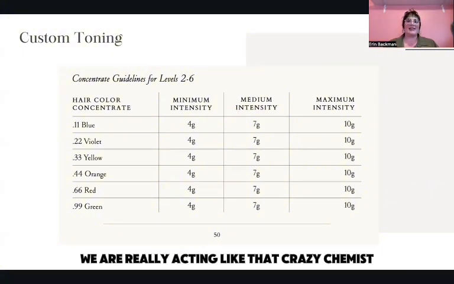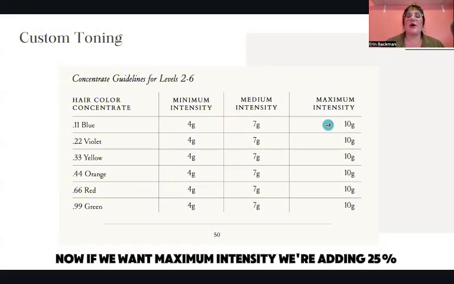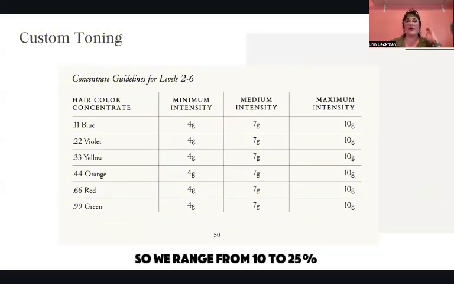We are really acting like that crazy alchemist in there and mixing those colors. And what we're doing is we're determining how much we want it to affect our formula. Now, if we want maximum intensity, we're adding 25%. So we range from 10 to 25% when we're adding our additives.